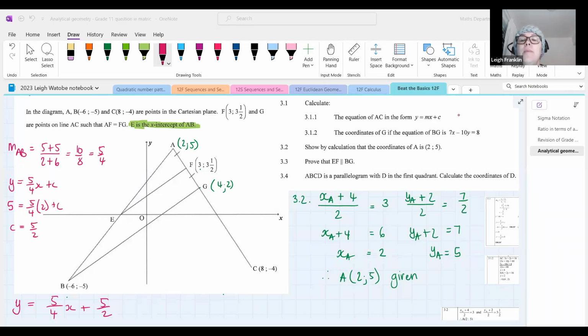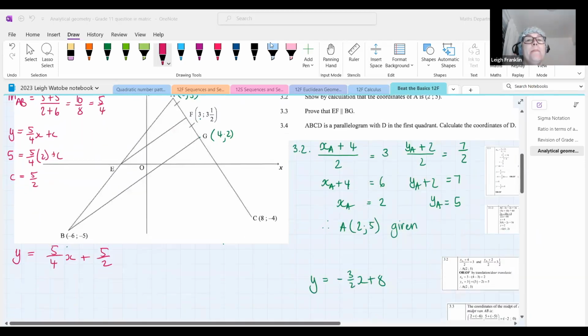Okay, good, I agree. So to get the x-intercept, we make y equal to 0.